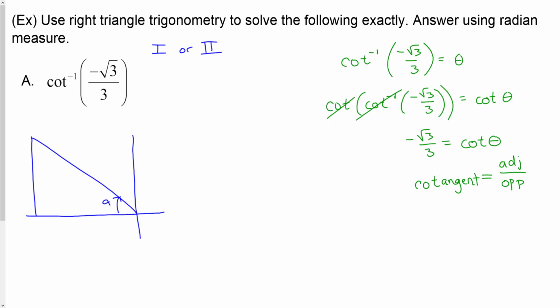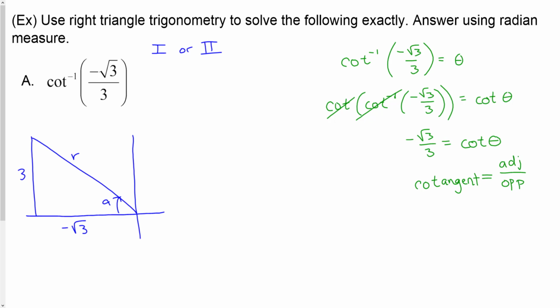So the adjacent side of this triangle is going to be negative root 3. The opposite side is going to be root 3. And I've chosen the negative on the x-axis just because I'm in quadrant 2 and that's the way quadrant 2 is set up. So then I would need to figure out what the radius is up here, and get to find that through the Pythagorean theorem.